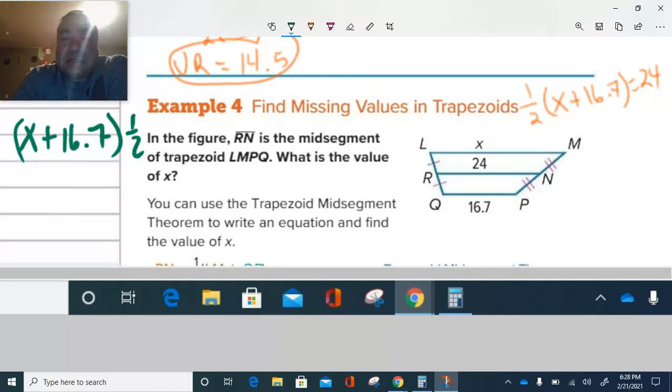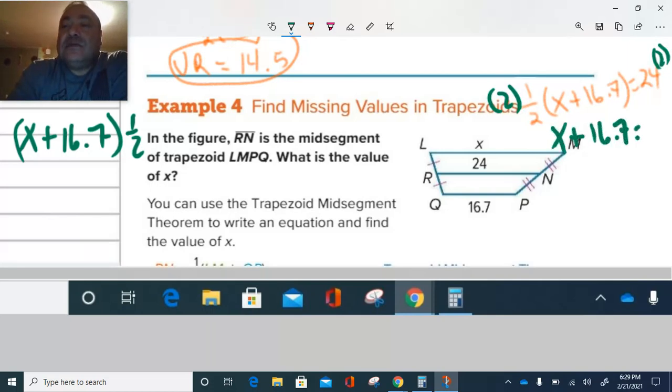Well, I know the mid segment. I need to find the long leg right there. And so the best way to do this, guys, is to get rid of that half right there. So I want to multiply both sides by 2. So I want to get X plus 16.7 equals 48. Okay.